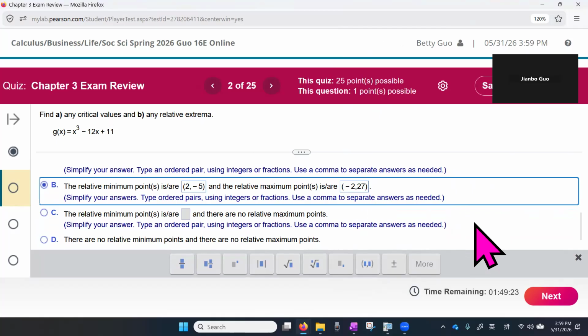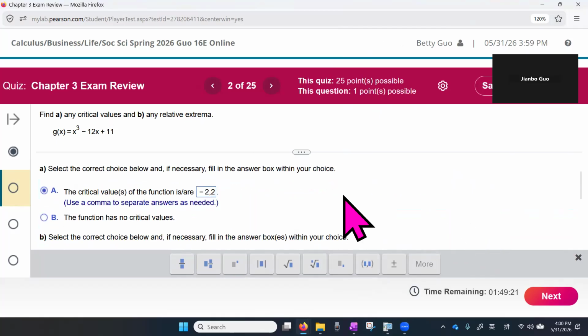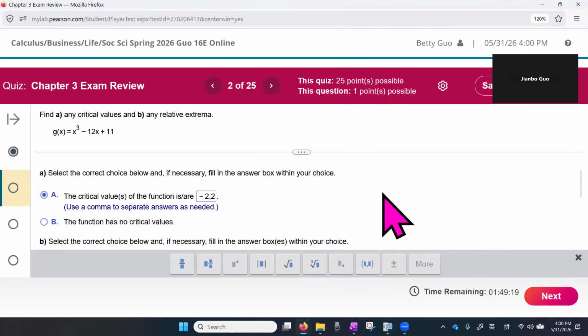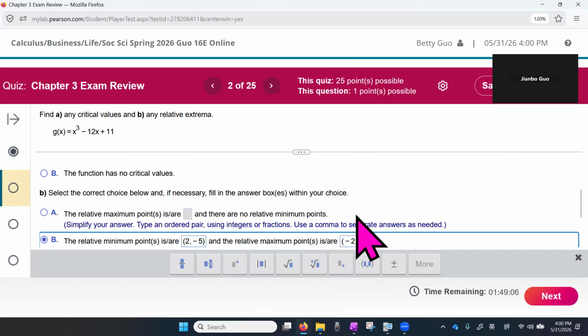Just need to double check the entry. If you have a TI-84 calculator and you enter this function in the calculator, you can easily tell the maximum and the relative extrema.